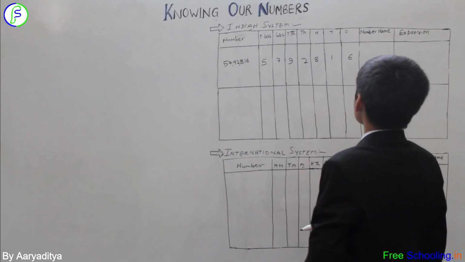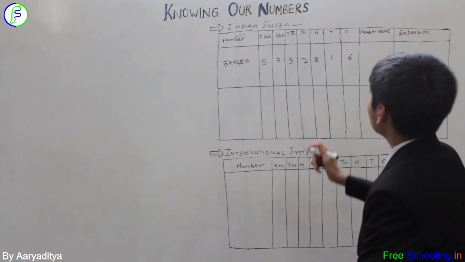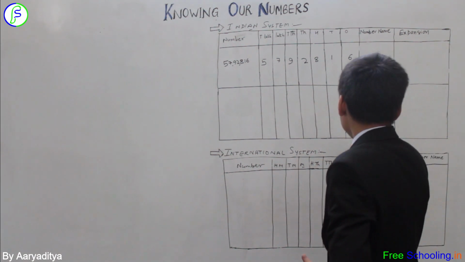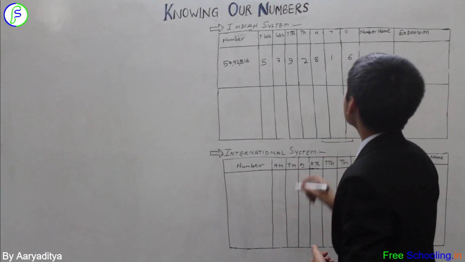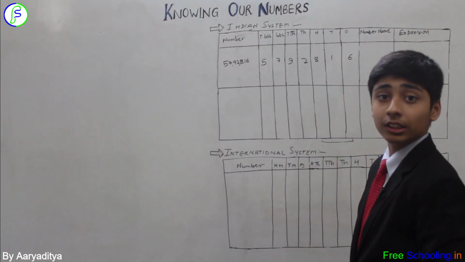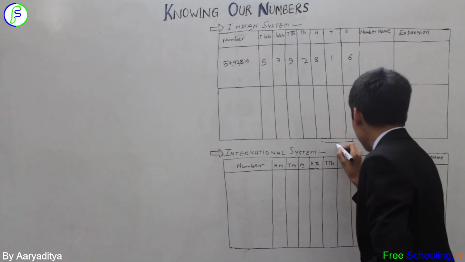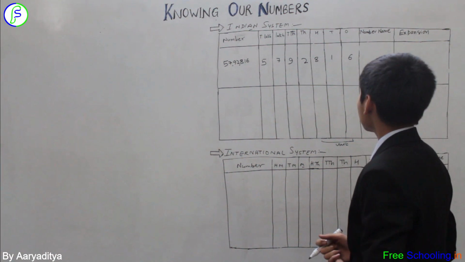Now let us name the number. Let me tell you one thing first. As you all know, since class 5, the HTO lies in one group, and this group is known as the unit group.